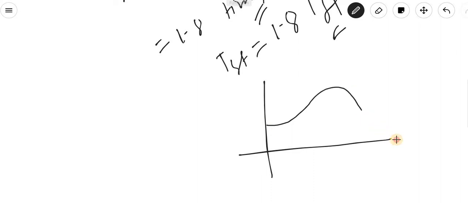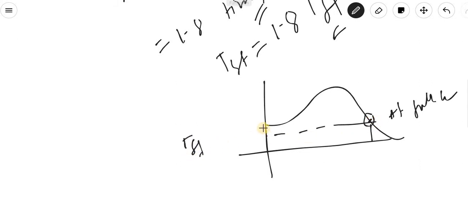If it is the torque-speed characteristics, and somewhere we find the full load operating point, obviously this torque will be the full load torque and this would be the starting torque.